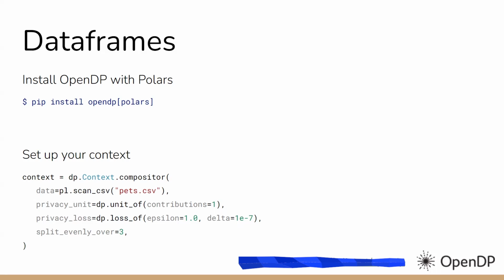If an individual contributes multiple rows, then we would update this privacy unit to contributions equals 7, if they potentially have 7 rows contributing to the data. But if they can contribute an infinite amount of rows. Oh, I see. Yeah, so this is more of a roadmap thing. We'd like to support privacy units specified in terms of the number of identifiers you can contribute to the data set.